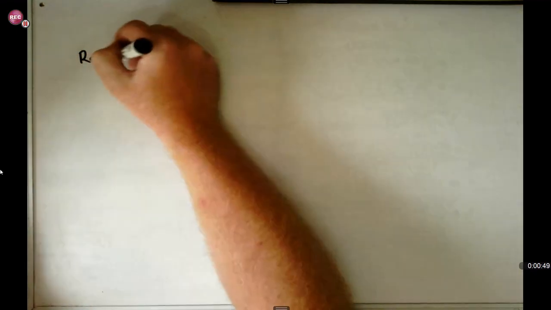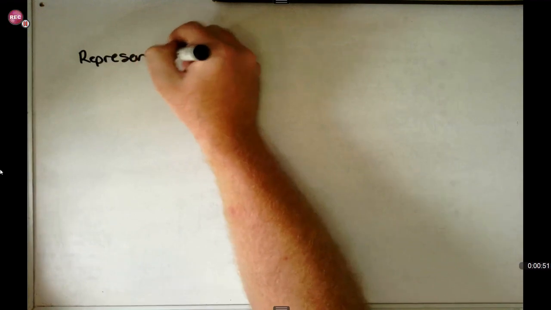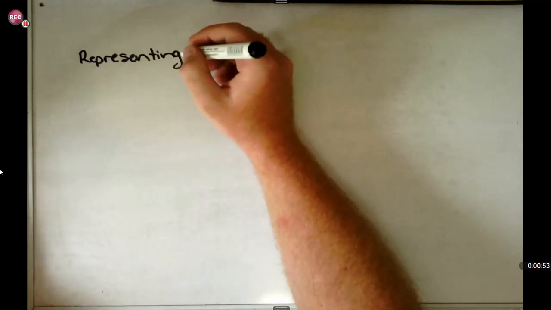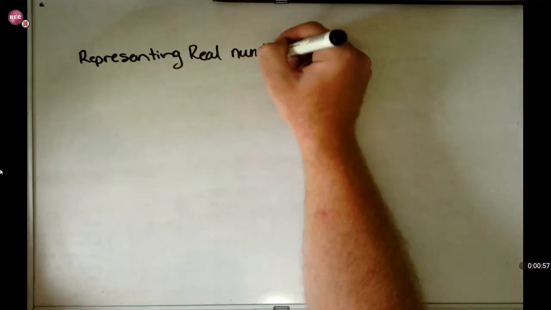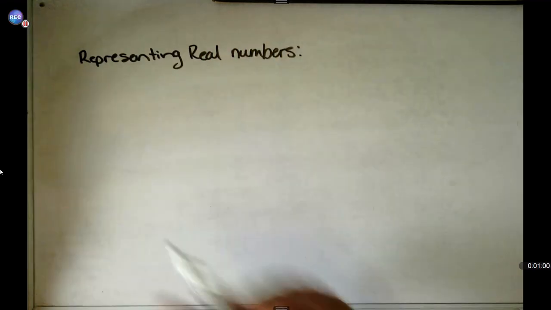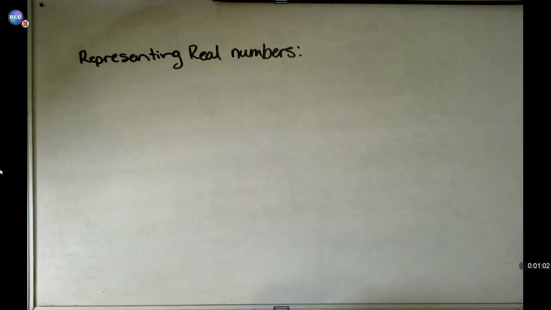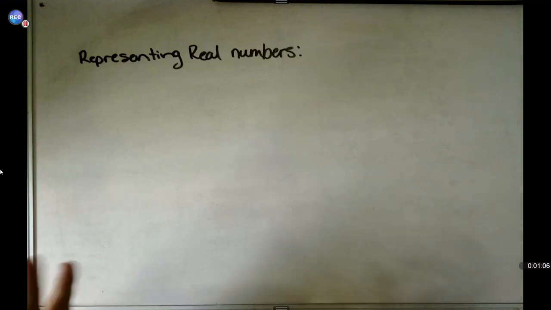So today, like I said, we'll be focusing on representing real numbers, and we will be representing these real numbers in two different ways. There are two ways that the numbers can be represented.